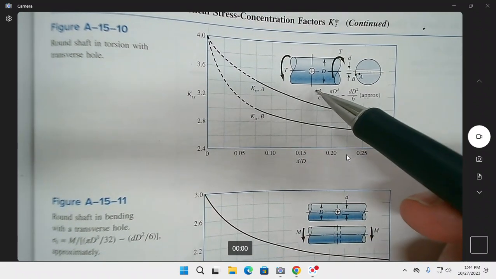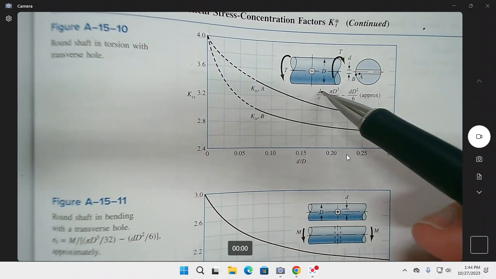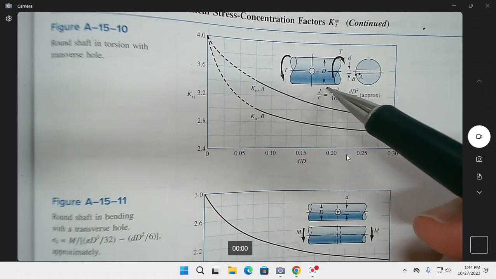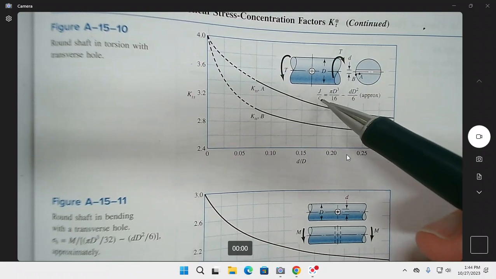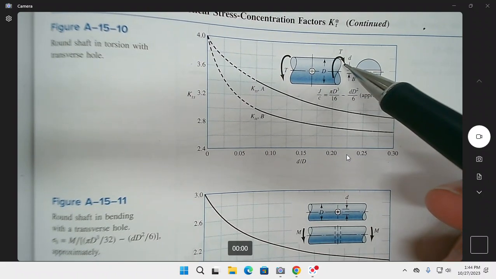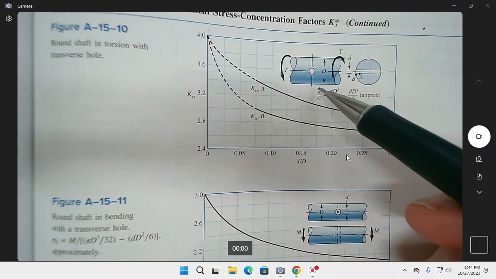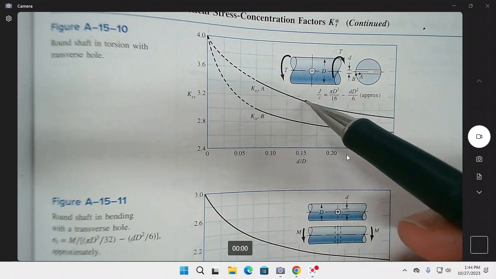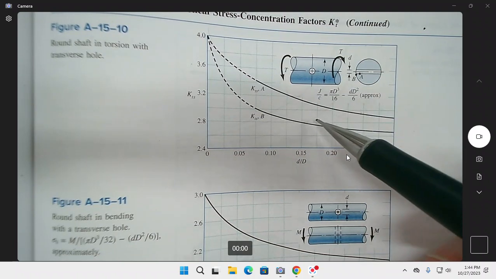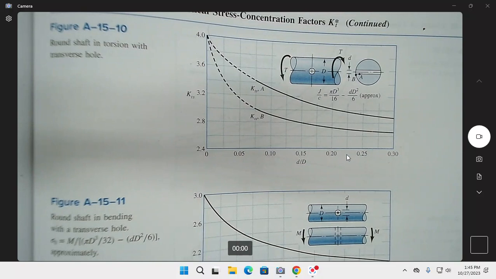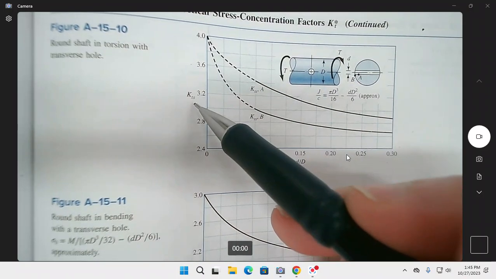And then they make an approximation of J over C. So what that means is, and they're using C for some reason, even though this is torsion, you know that it's TR over J, so what we're going to do is divide torque by whatever we find right here. That's going to be the base stress, and then we multiply it by our stress concentration.